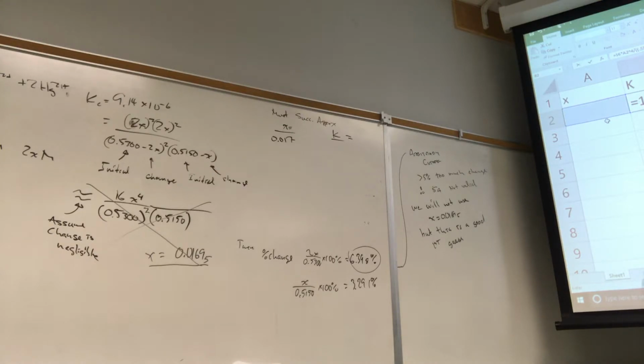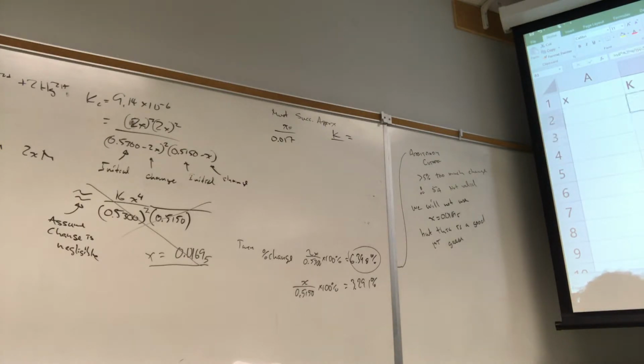So this is going to be minus cell A2, and then close both those parentheses. This would be the equation. This is what you can do at home to speed up your homework. Unfortunately, you can't do this on exam. On exam, you just have to grind through it by calculation.